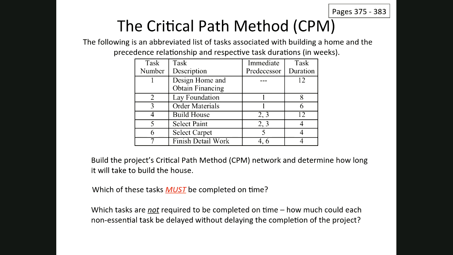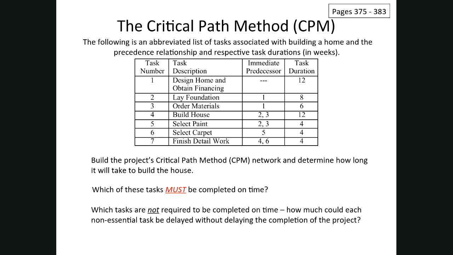All right, next we're going to look at an example that you'll find on pages 375 to 383. It's a simple example of building a home, and it's consolidated into 7 different tasks, beginning with task number 1 all the way through number 7, where we design the home and we obtain financing all the way till we finish detail work.